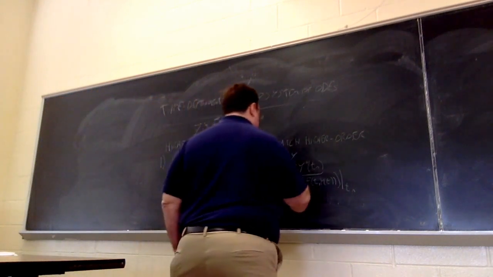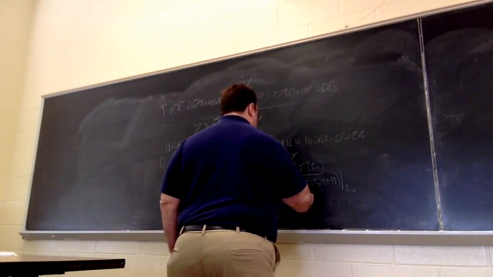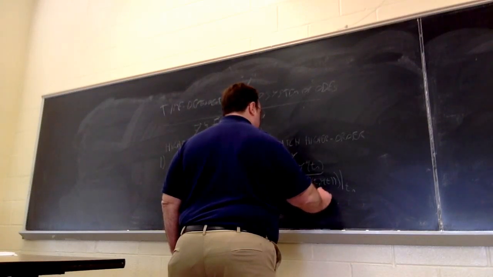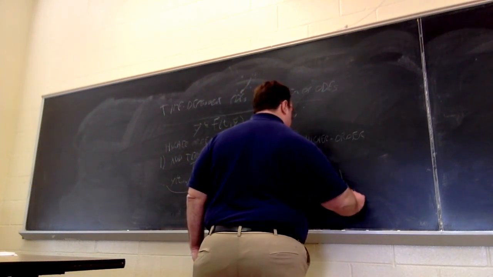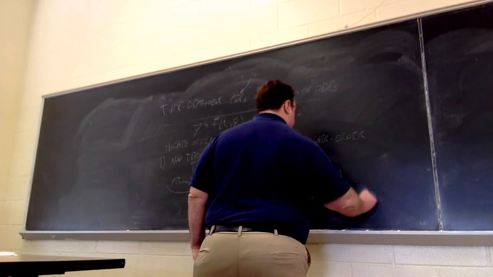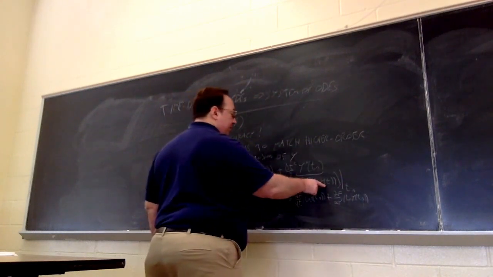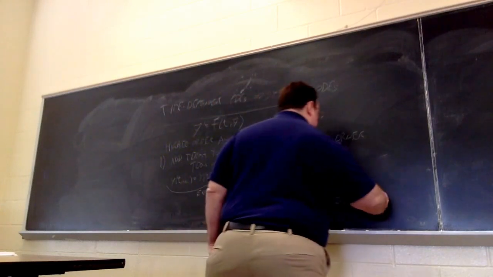So this would be equal to the partial of f with respect to t at tn, y of tn, plus the partial of f with respect to y at tn, y of tn. By chain rule, you have to differentiate what's in here with respect to t also, y prime, but that is f again.